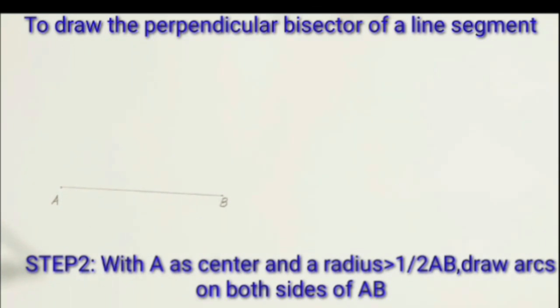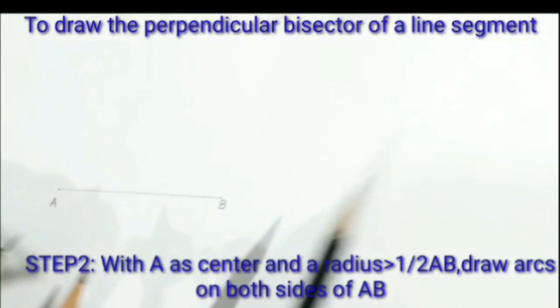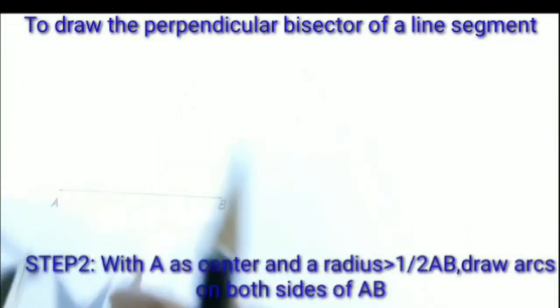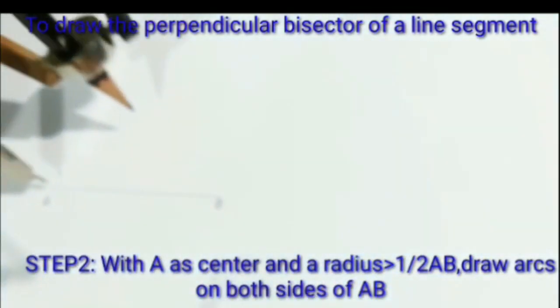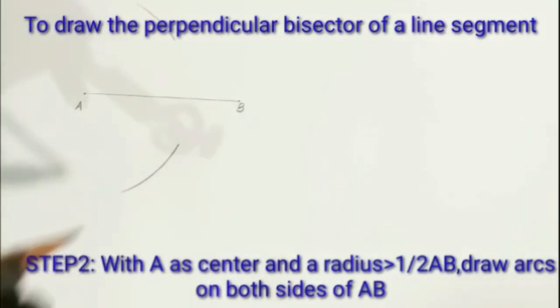So let's take approximately, this is the center of it, take more than half of it, the radius of this arc. Now A as center, draw the arc below and above the line segment.